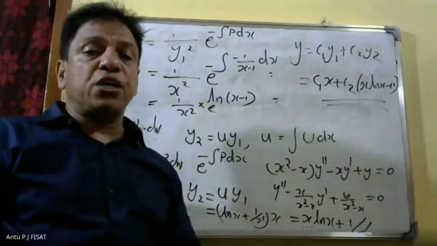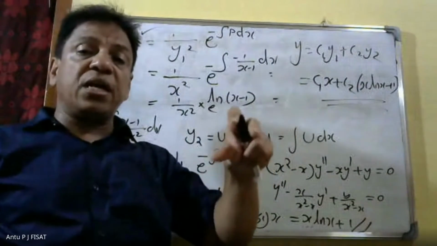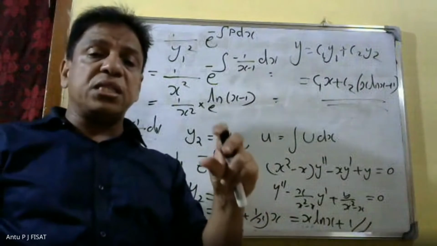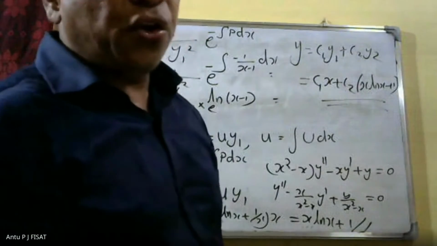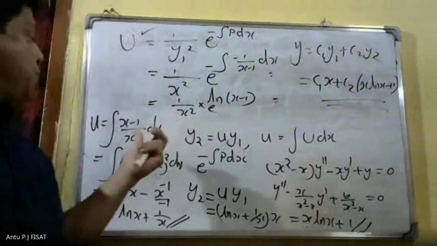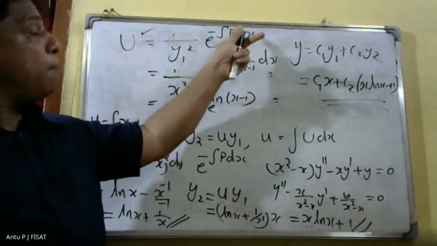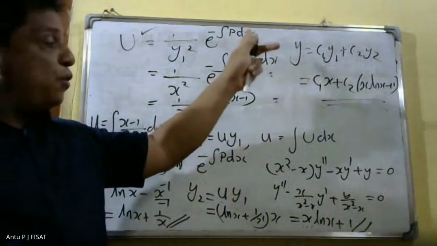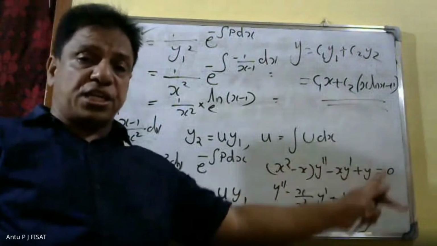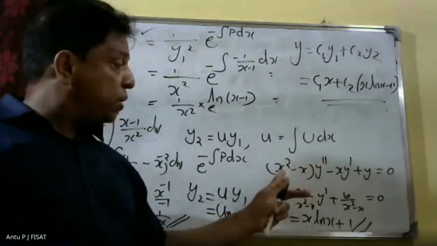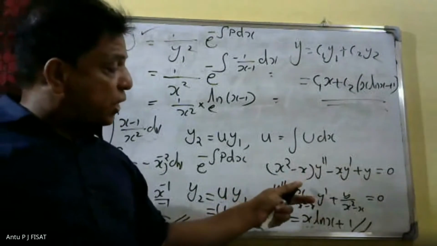This is the procedure for finding the solution of the ordinary differential equation when one solution is given. Here, one solution y1 is given. By using that y1, we can easily find the value of y2. To find y2, first we find capital U by using the formula (1/y1²) e^(−∫p dx). To find p, we first convert the given equation to the standard form by dividing by x² − x.